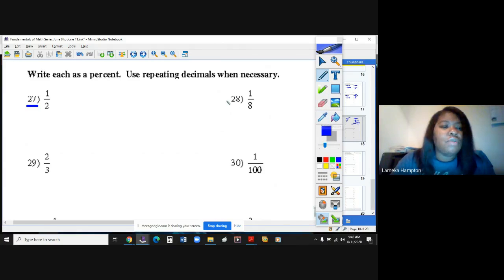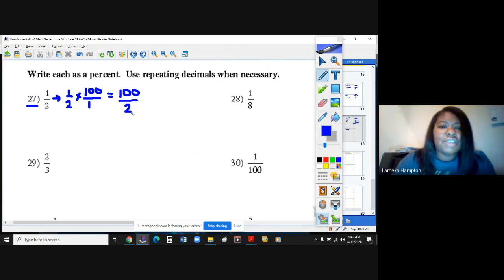Okay. So I'm going to start off in blue. I'm going to follow the rule. I'm going to say 1/2, and I'm going to multiply that by 100 over 1. This is reinforcing multiplying fractions. So remember, when you multiply fractions, you multiply the two top numbers together, and you multiply the two bottom numbers together.